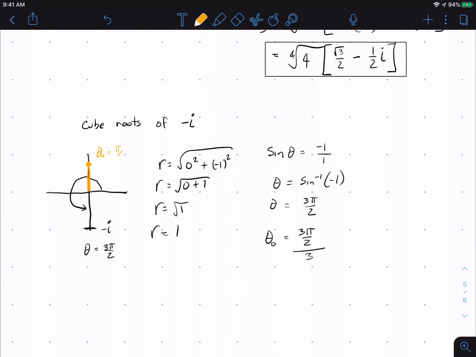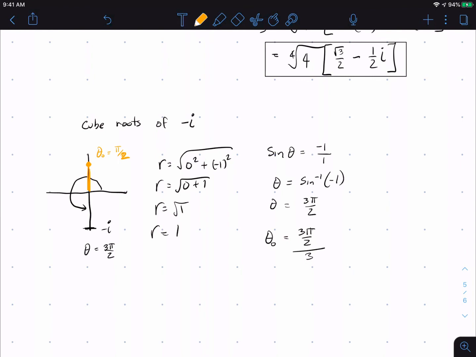So our initial is going to be pi over 2. Now, remember, it's a 360-degree circle, or 2 pi, and we're going to divide by 3. So that means I need to add 2 pi over 3 each time.